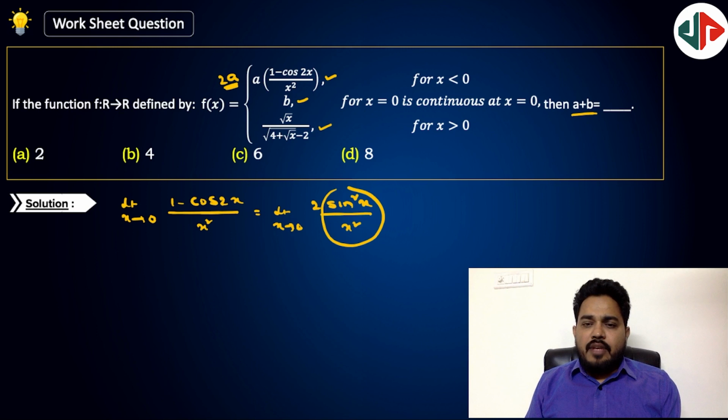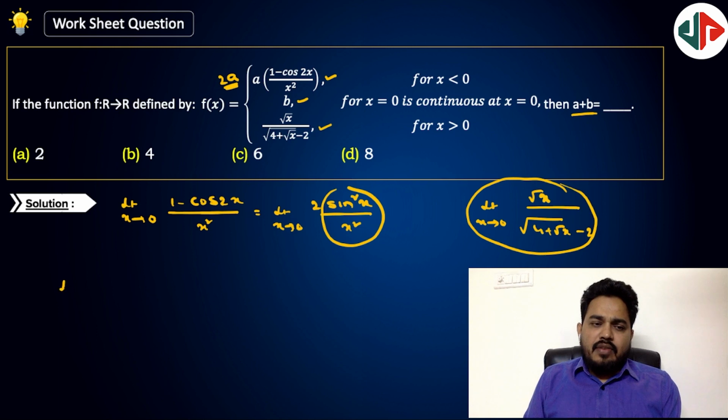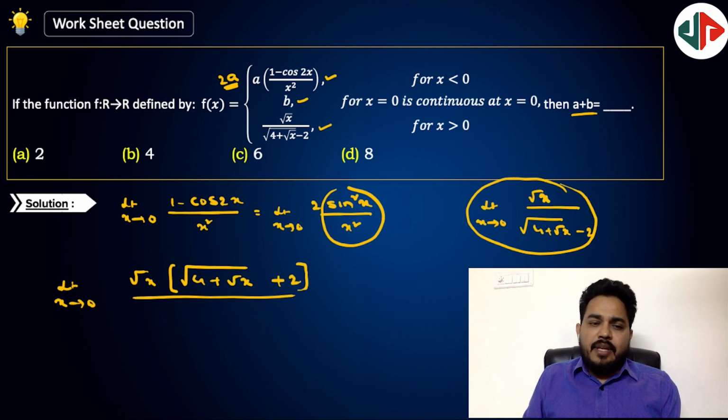Now I need to find the limit as x tends to 0 of root x by square root of 4 plus root x minus 2. So let us rationalize this. It is equal to the limit as x tends to 0 of root x into square root of 4 plus root x plus 2 by a plus b into a minus b, 4 plus root x minus 4.